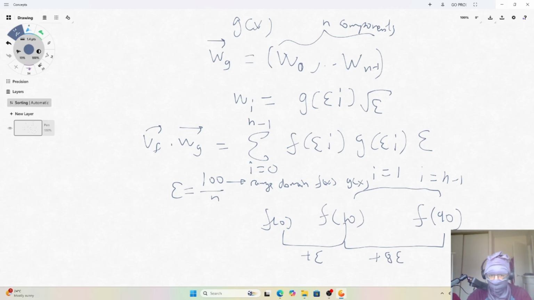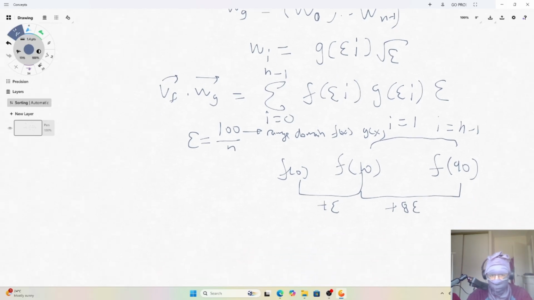So what would happen if the dimensionality was to go increasingly high, which would mean that epsilon would decrease. So as epsilon tends to 0, the number of dimensions tends to infinity.